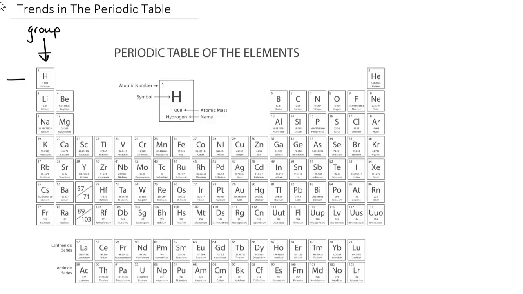And as you go across, this is known as the period. So the periods go across horizontally. You can say that sodium is in the 3rd period, and so is argon, all the way out here.